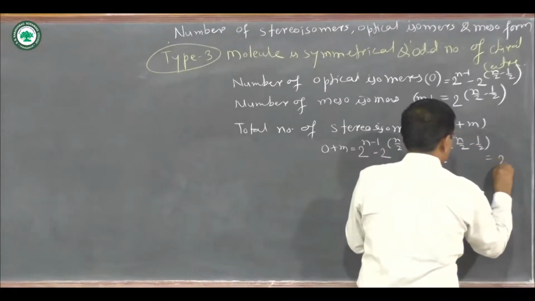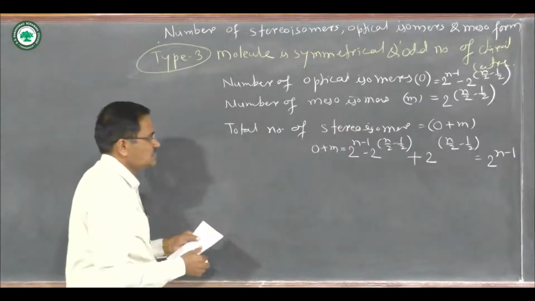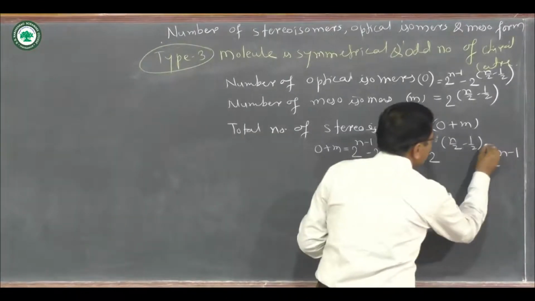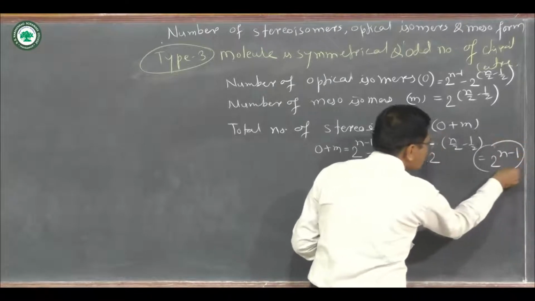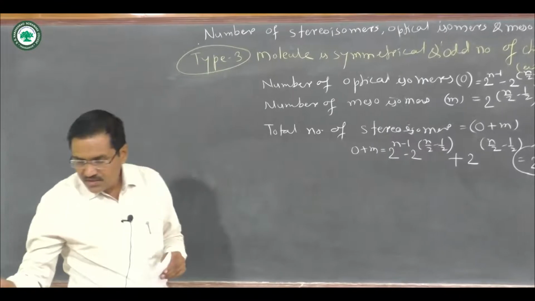So it becomes 2 to the power n minus 1. So the final total number of stereoisomers is 2 to the power n minus 1.